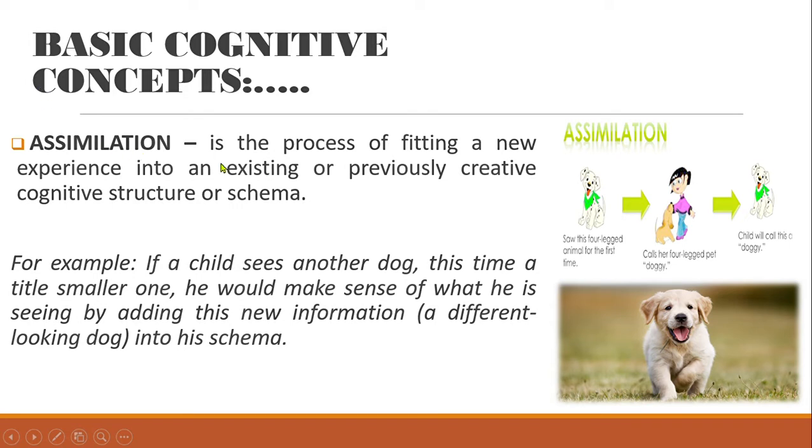Another word is the process of fitting new experiences into an existing or previously created cognitive structure or schema. Okay, first my schema. Okay, next is the assimilation. So for example, if a child sees another dog, this time a little smaller one, he would make sense of what he is seeing by adding this new information, a different looking dog, into his schema.